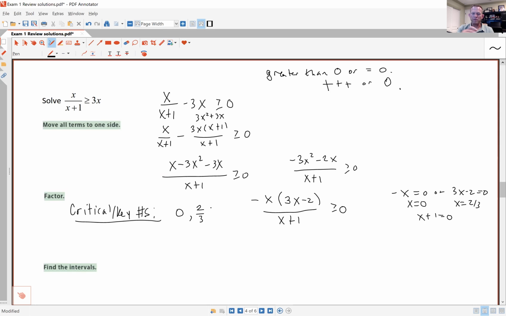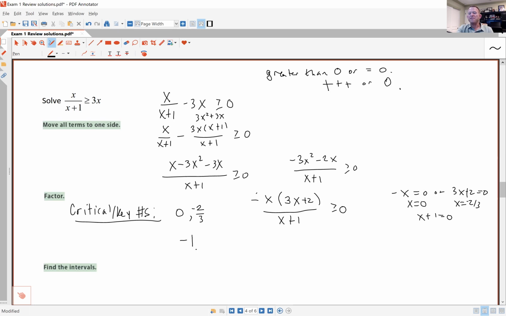And now that I look back over this again, I realized that when I factored out this negative, I made a mistake, and that should be a plus 2. So that just changes that to a negative 2/3. And the bottom is equal to 0 when x is negative 1.